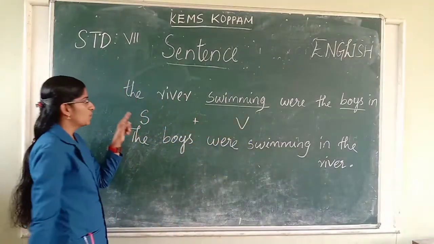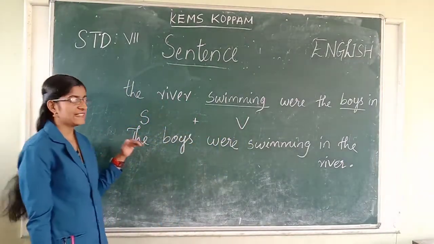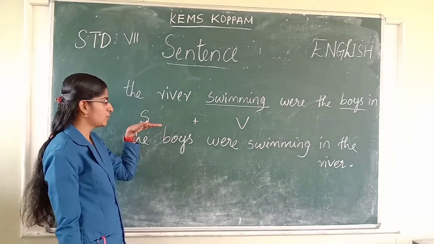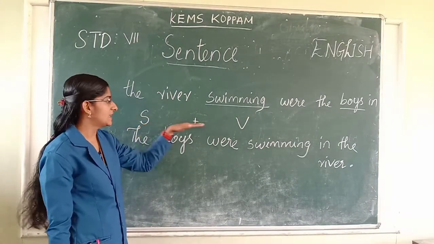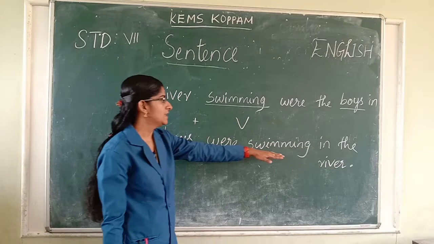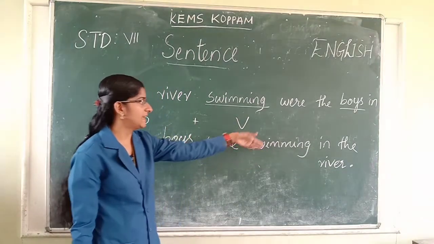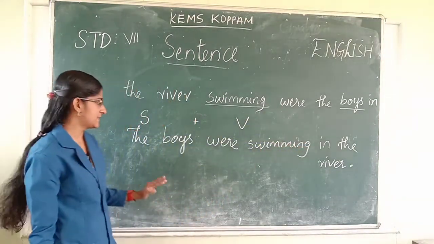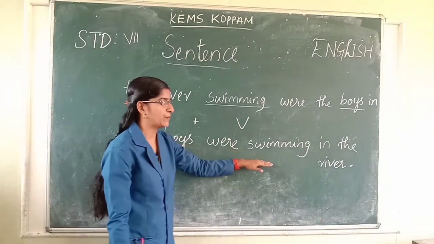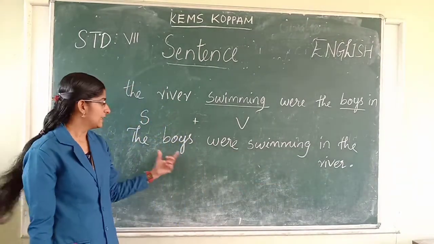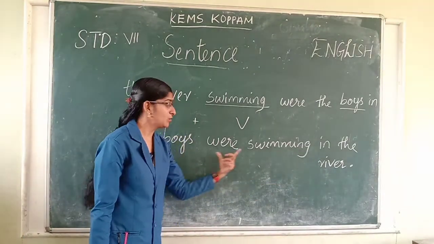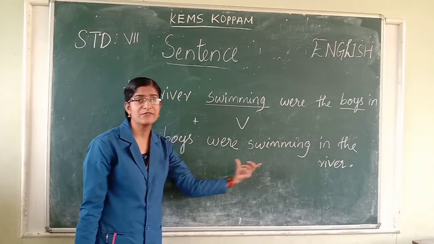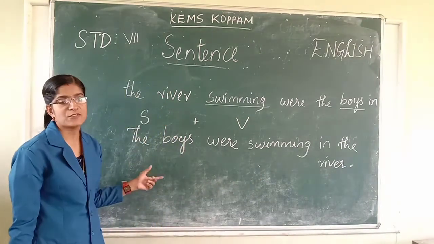So, while we are writing a sentence, it has an order. First, you want to write the subject, then the verb, were swimming, then the rest of the sentence. The boys were swimming in the river. Now, this group of words we can say is a sentence. Why?